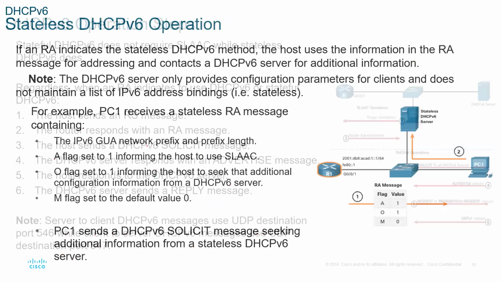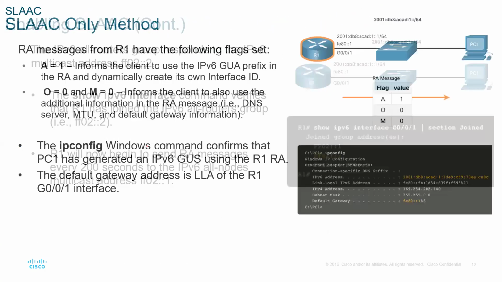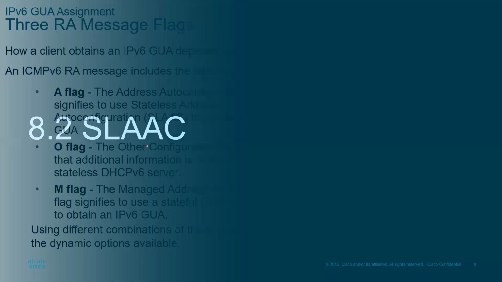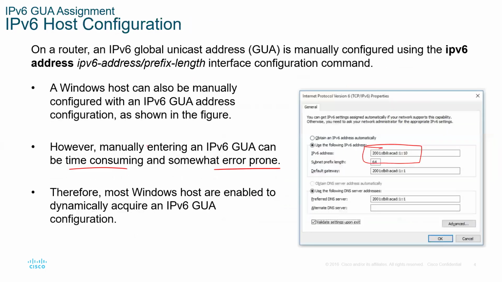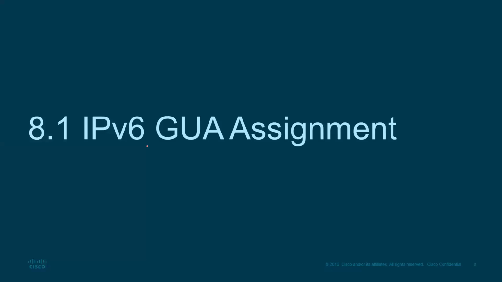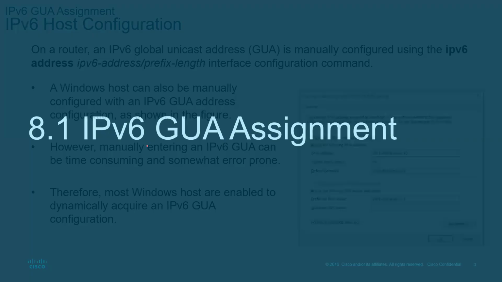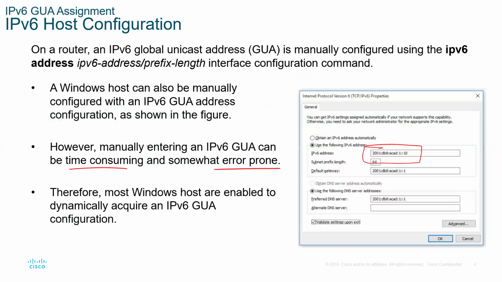In summary, you need to know, one, when you talk of dynamic assignment of addresses, we talk of three methods: SLAAC, SLAAC with stateless DHCP, and stateful DHCP. When we talk of stateless or stateful, we're talking of whether a server is tracking the addresses it is assigning.